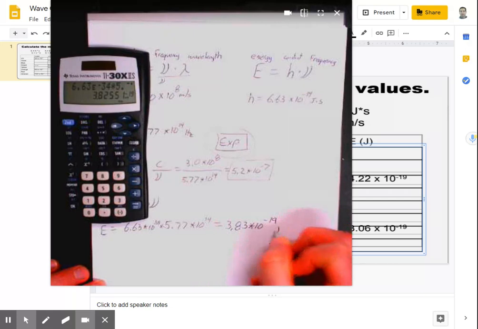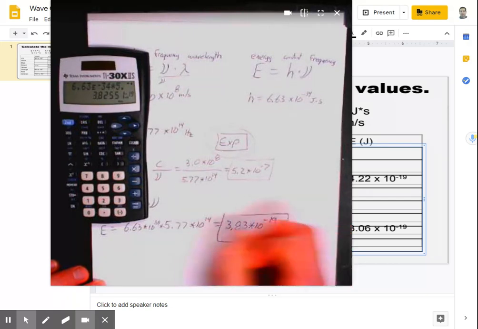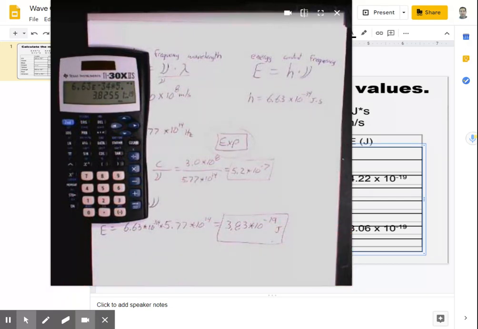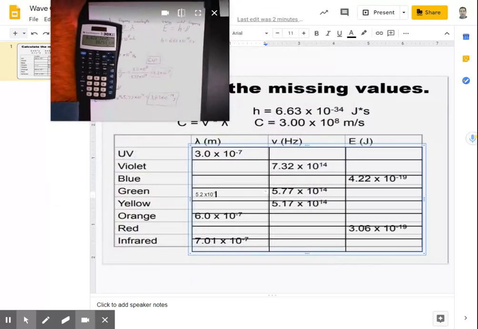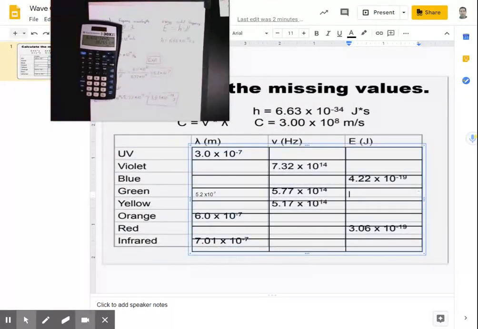So that's really small because that's the energy per photon of light. So if we go find where that belongs in our table, that's going to go right here, and we can say 3.83 times 10, and then do your control comma. Oops, that's subscript. Control period is superscript, minus 19, and then control period again.